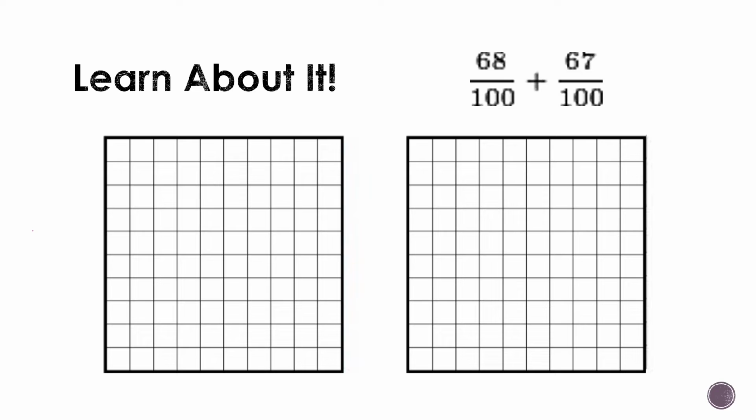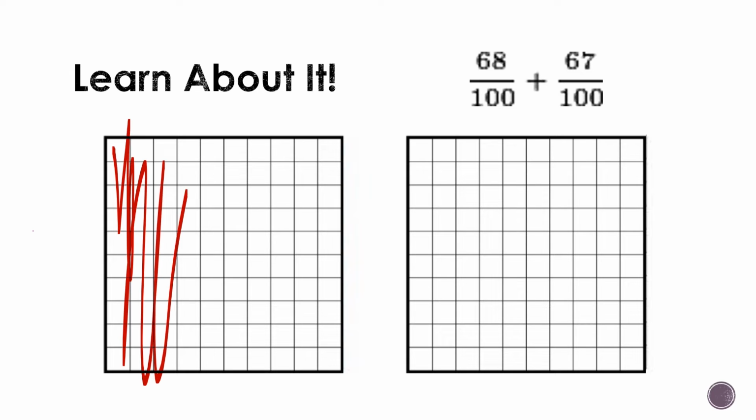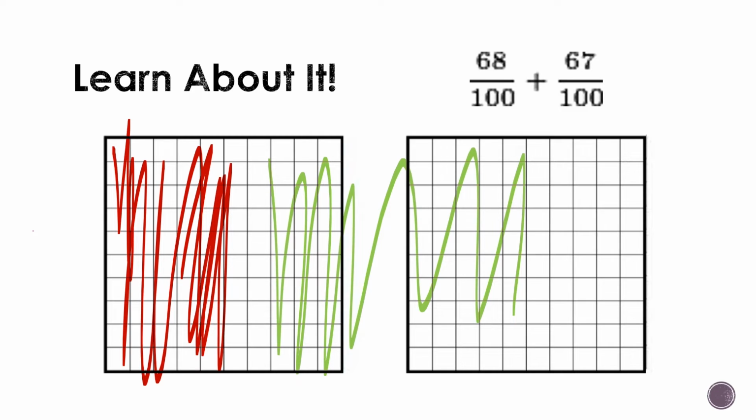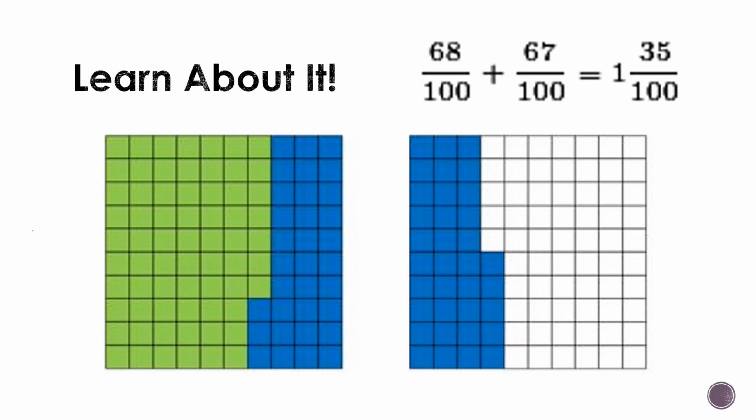Let's go ahead and take a look at an example. 68 hundredths plus 67 hundredths. We can use decimal grids by shading in both of our fractions and counting up our total. So using 2 different colors, we can shade in 68 and 67, giving us a total of 135 hundredths shaded.